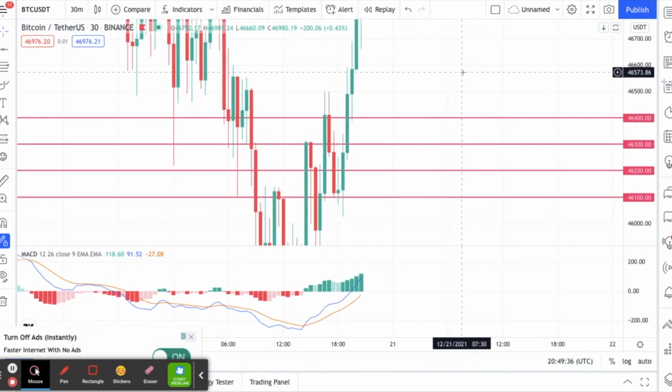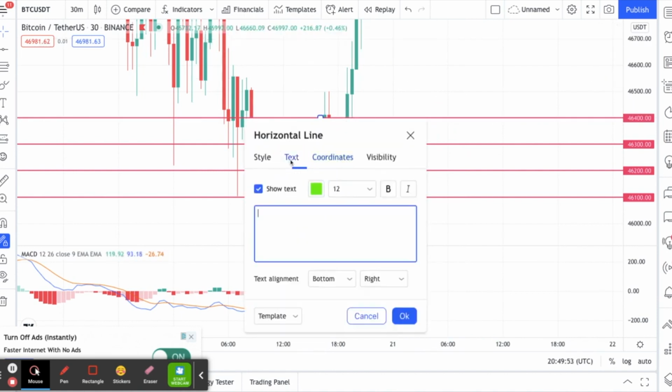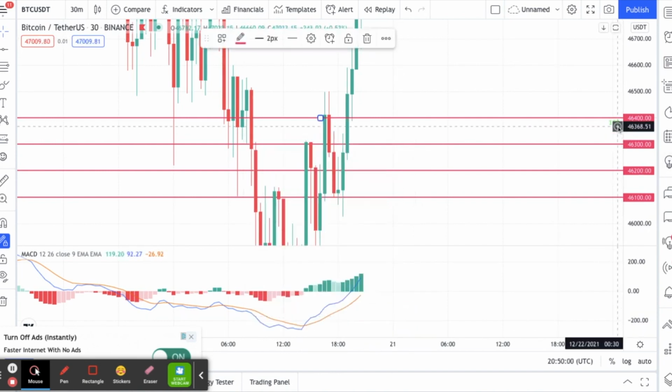So the idea is that with the martingale, you are literally averaging your position down. On this first line, you'd put a buy-in for, say, 100 USDT.